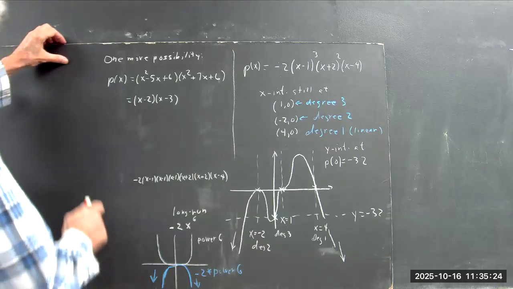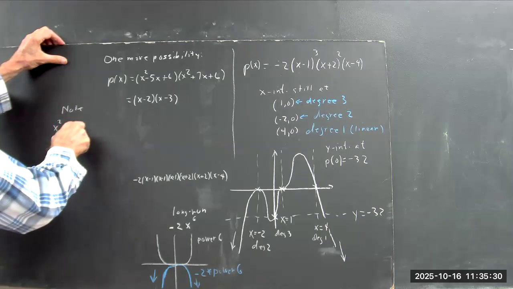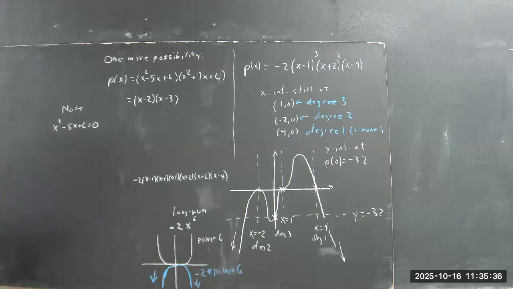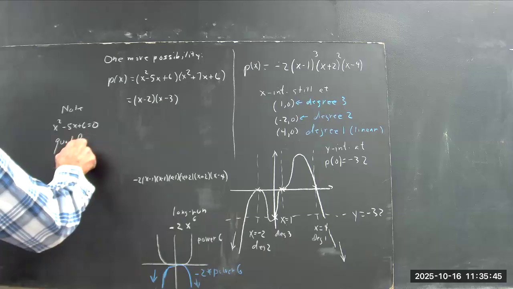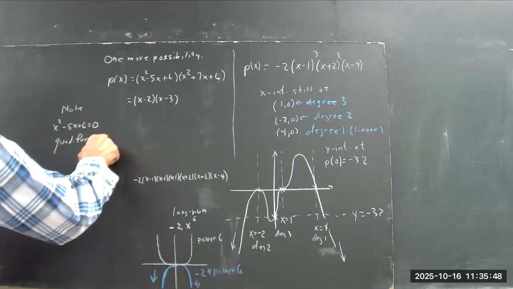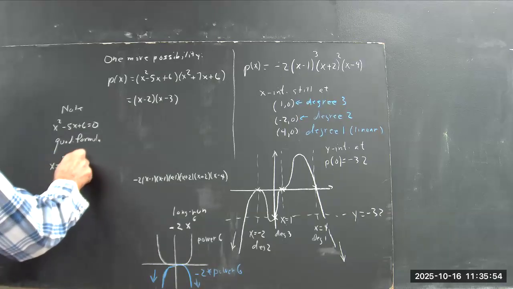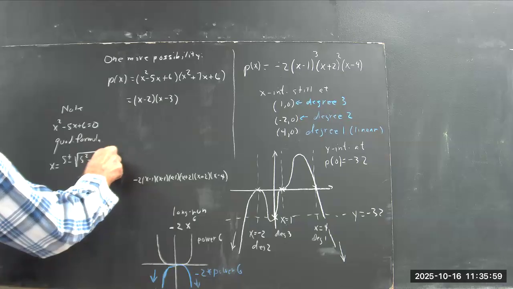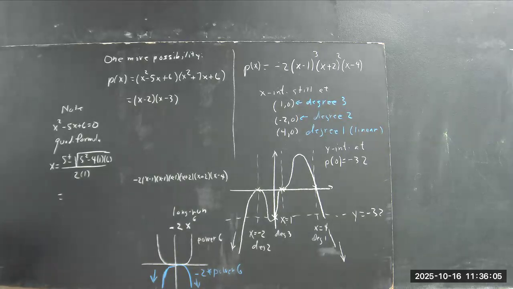Now, you find where x squared minus 5x plus 6 equals 0, you use the quadratic formula. And we know how to use a quadratic formula. It's very easy.